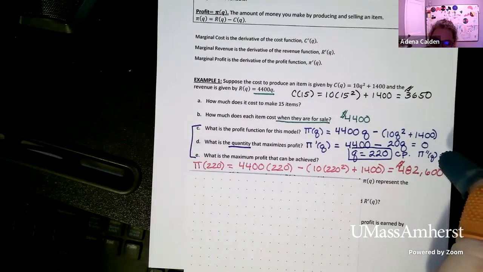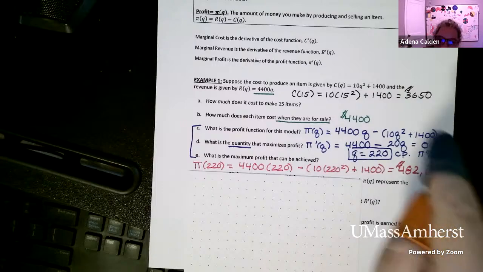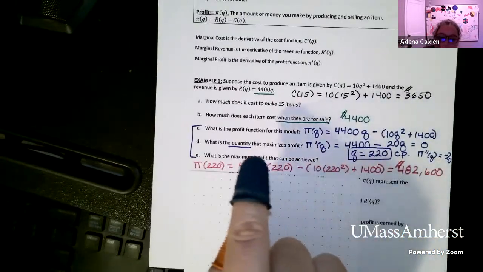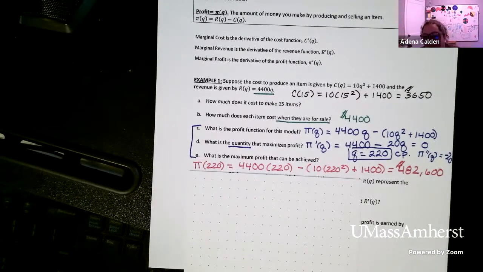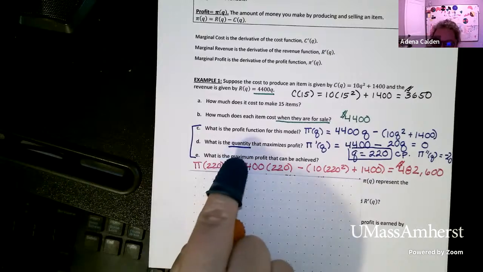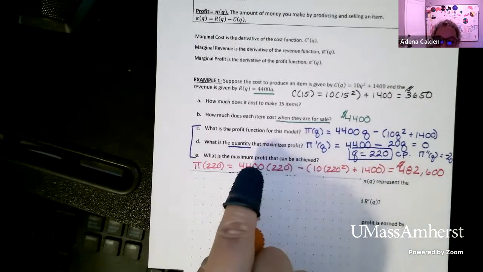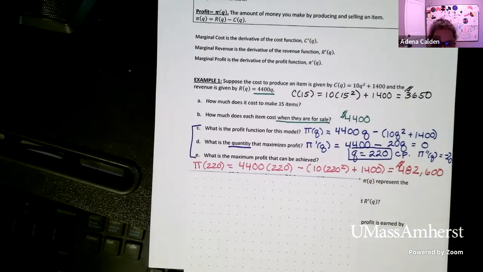You then need to solve for the critical point, and then you need to plug that critical point back into the profit function to find the actual profit, right? So that's finding that Y value. We did that with global maxes and mins. So make sure you're reading the wording really carefully so you know if you're looking for Q quantity or the profit, right? Because if you're doing the profit, there's that one extra step.